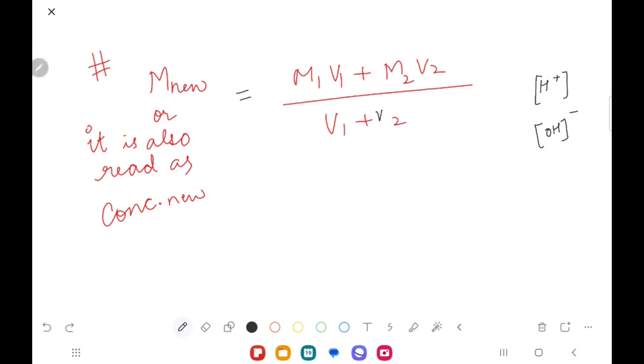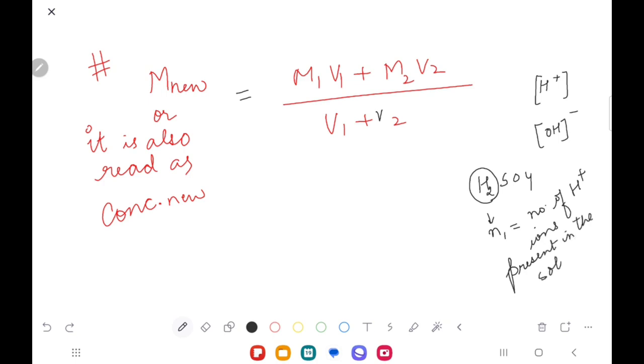You have to see how many H plus ions are there in a particular acid. So let's suppose we are talking about H2SO4. You know now that H2SO4 is going to give you 2 H plus ions. So this is going to be N1 for me. N1 is going to be the number of H plus ions present in the solution.